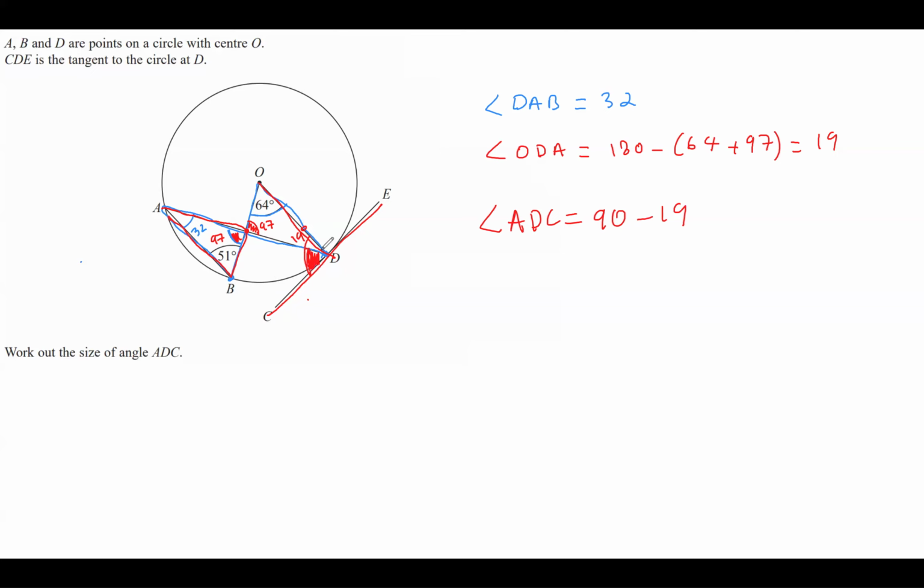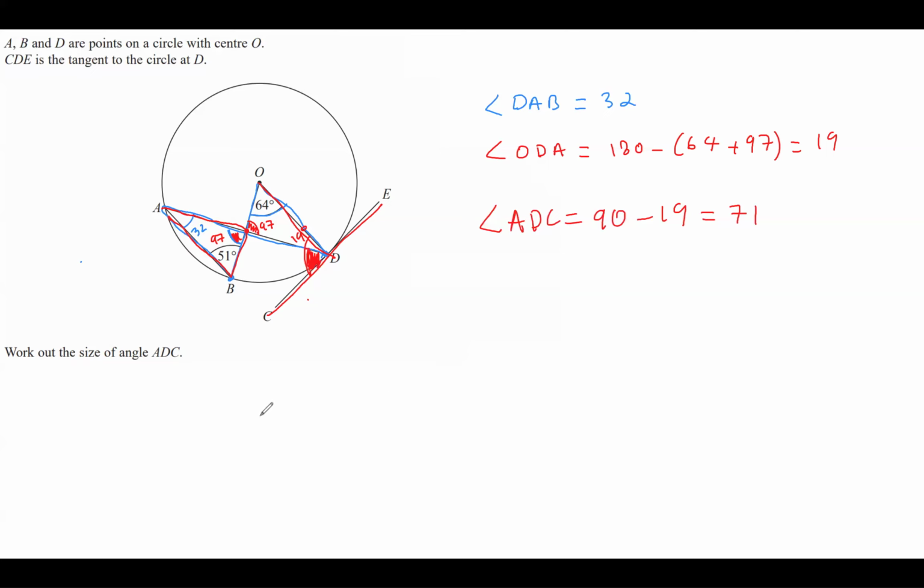ADC is just this little bit here, but we know the two angles add up to 90. So if we do 90 minus 19, that is going to give us our answer, which is going to be, sorry, not 60, but 71 degrees. And that is our answer.